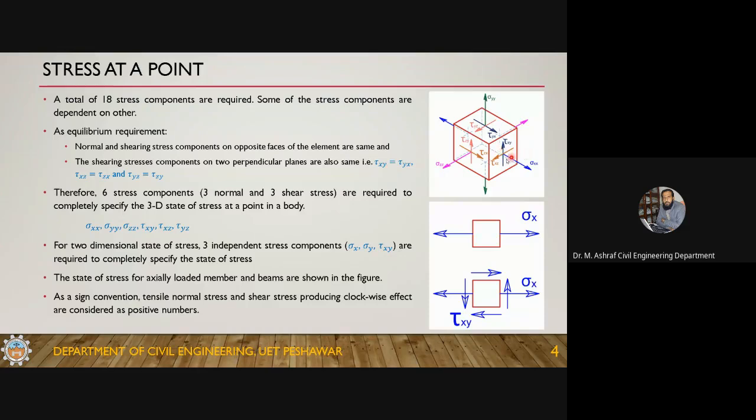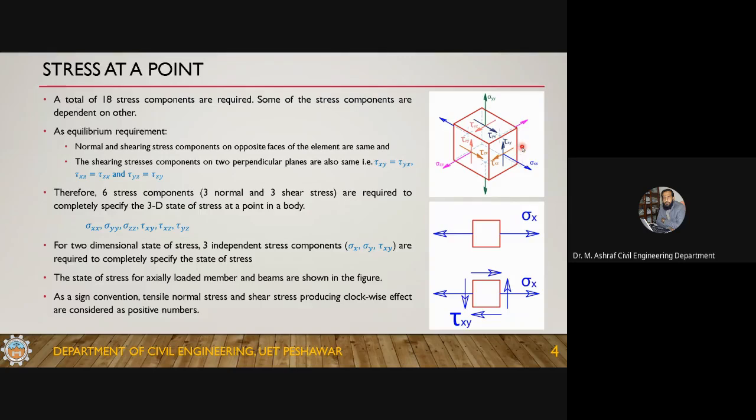One dependency is that the stress components on the plus x face are the same and opposite to those on the negative x face or x plane. If you have stress components here, like this is sigma xx, this is tau xy, and this is tau xz, then you have stress components on the other face. Here you can see only the normal one; the rest are not visible, for clarity I haven't shown those components.